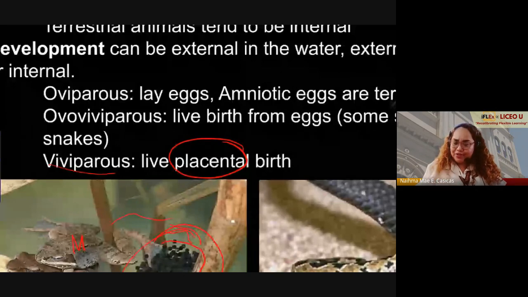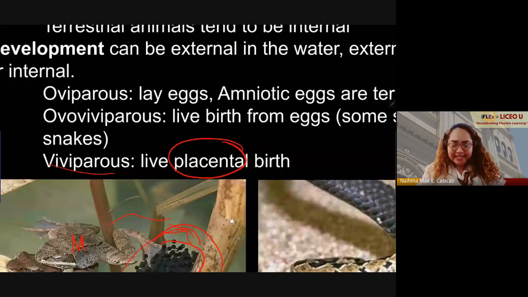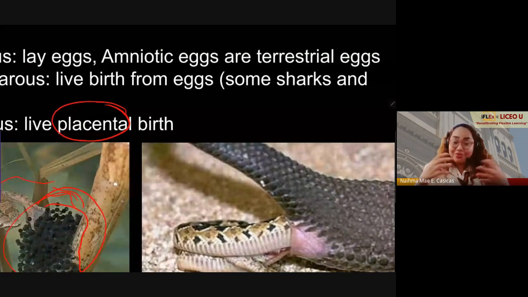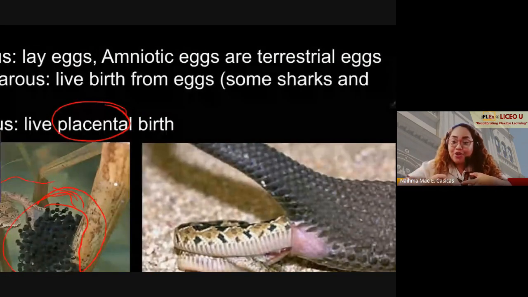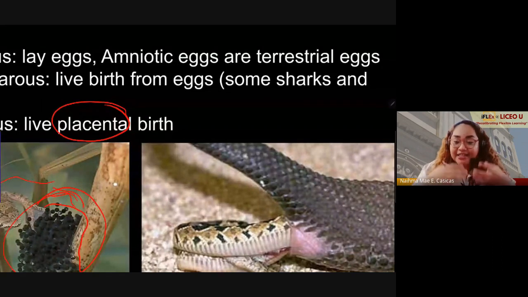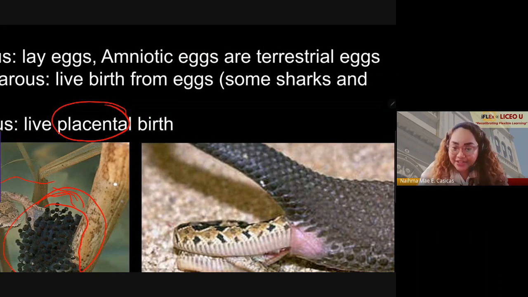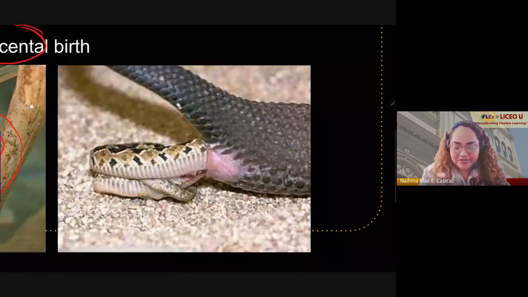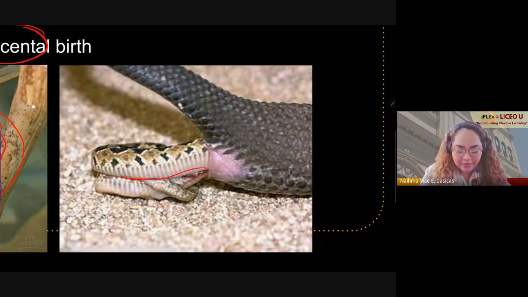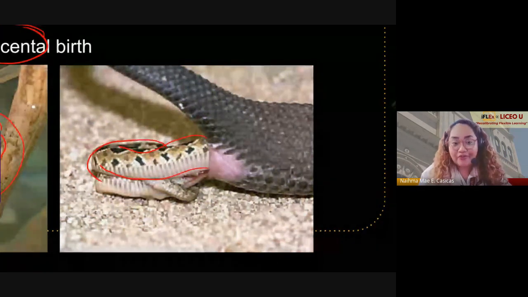But then there are also animals, just like some of your snakes and your sharks, wherein they don't lay the eggs. They produce the eggs, yes, but they don't lay the eggs. The eggs will stay inside of the body of the female animal, female snake or female shark. And then eventually, pag ready na ang offspring na magawas, magawas siya nga walay itlog. Okay? Or walay calcium na covering niya.